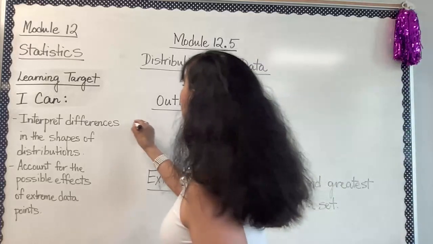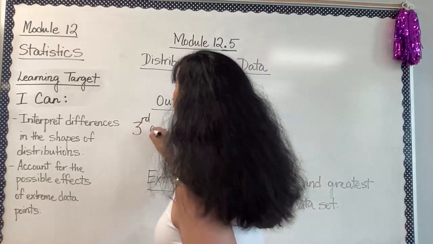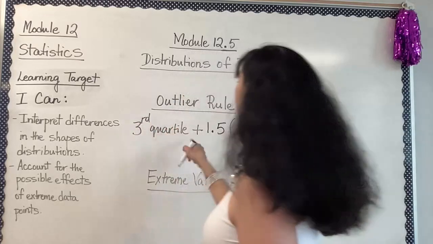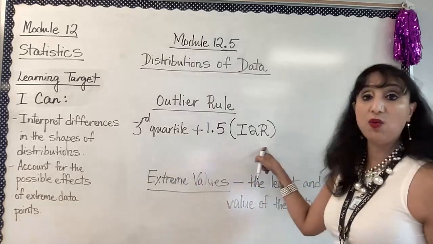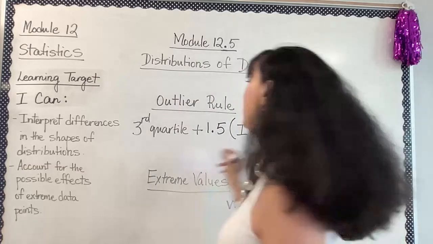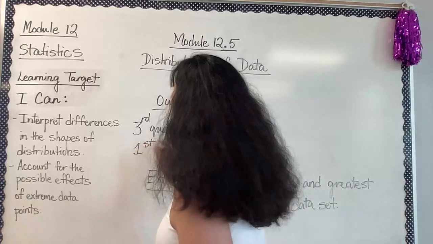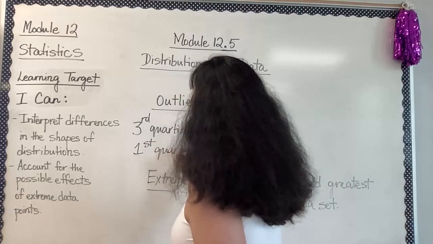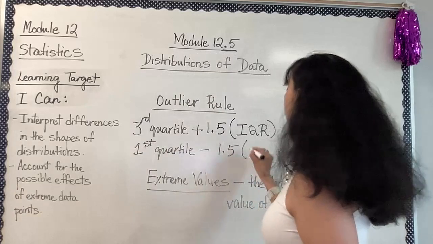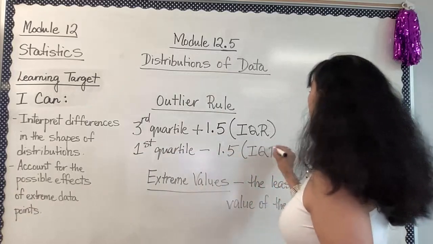I have to do my third quartile plus the 1.5 times IQR. And to find at the lower end, I have to do my first quartile minus 1.5 times the IQR.